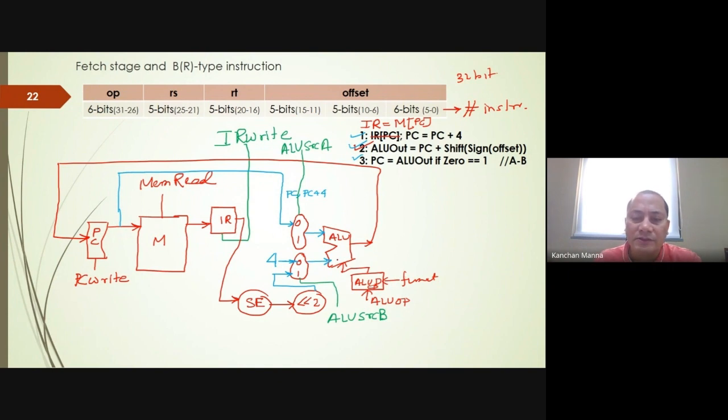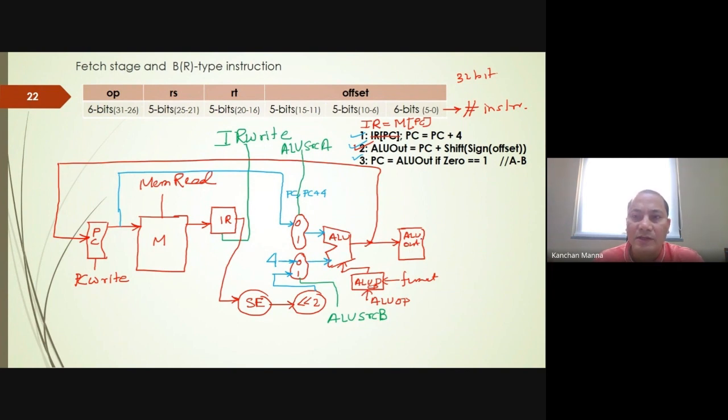So now it has performed this PC plus 4, and also it has calculated this branch address. Now we have to store that branch address into the non-architectural element, this ALUOut. So we have the branch address here.